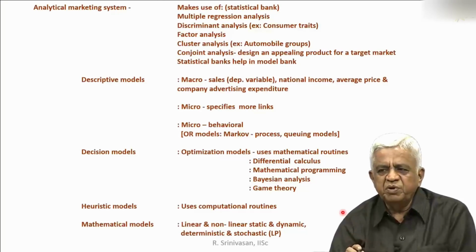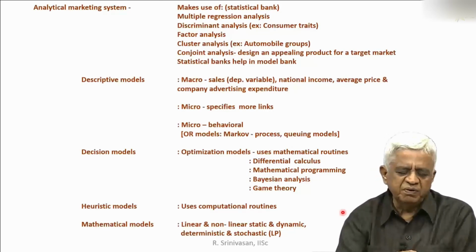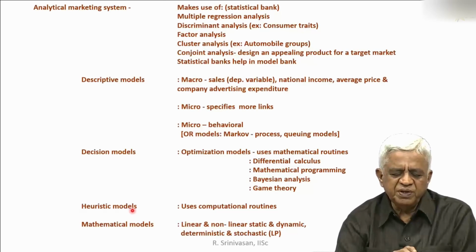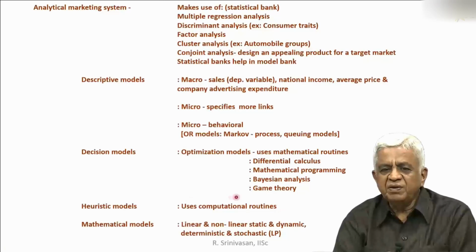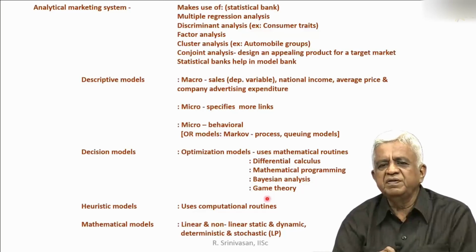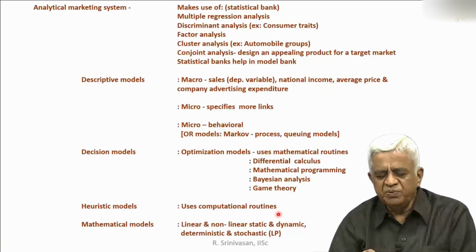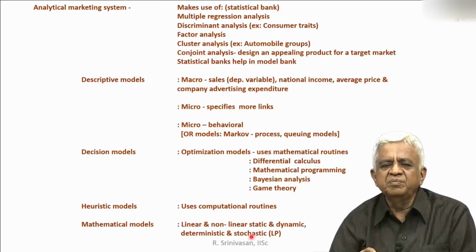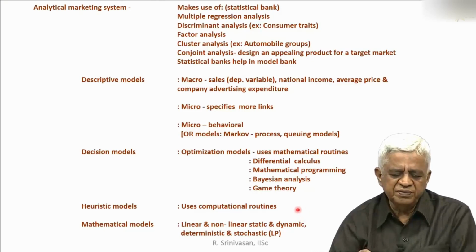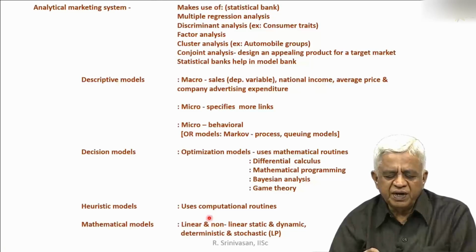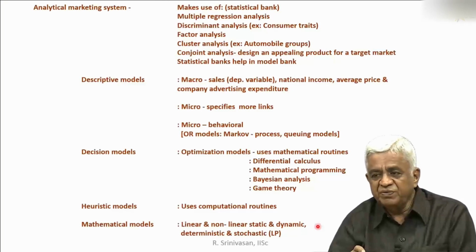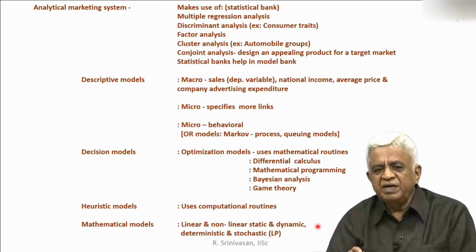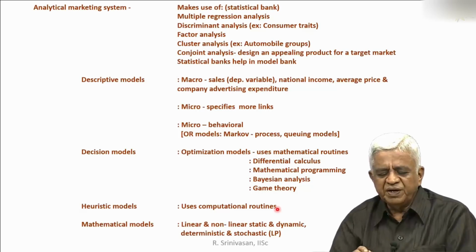The other types of models that you can make use of are called heuristic models. What are heuristic models? They make use of computational routines. Many times you write an algorithm to solve a particular situation, and that algorithm goes through different routines, and this gives you how the dependent variable is going to get affected.